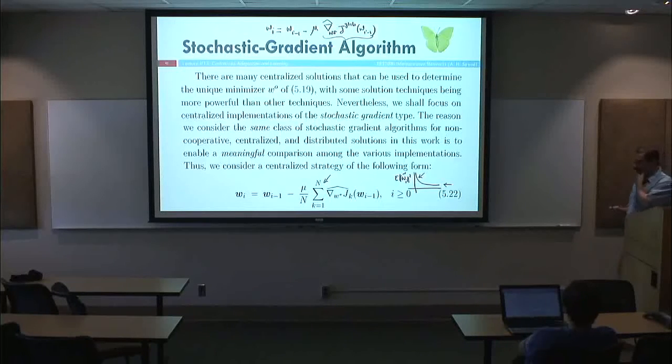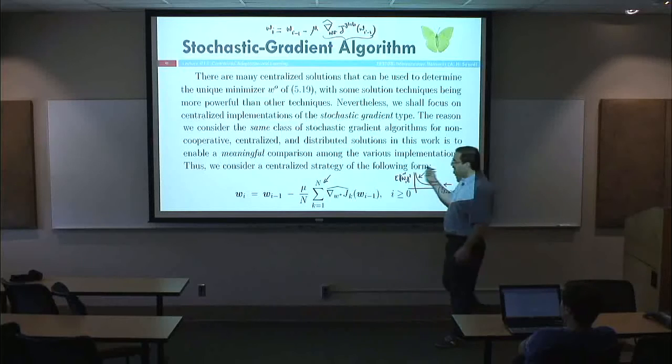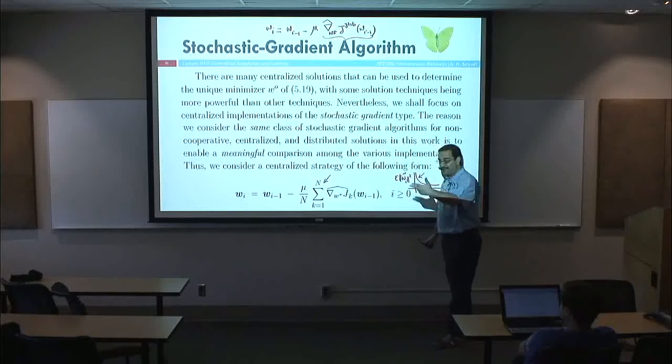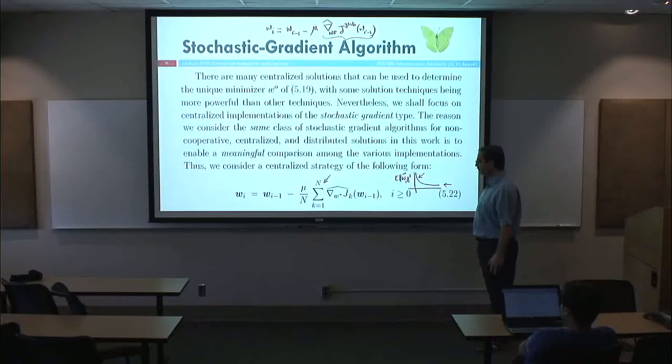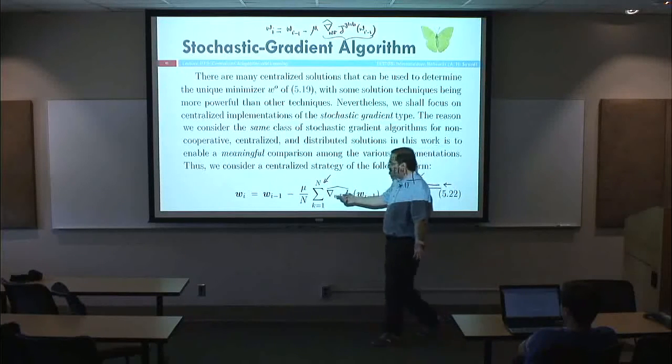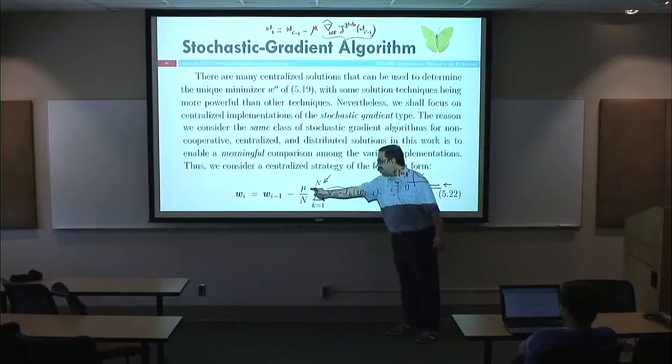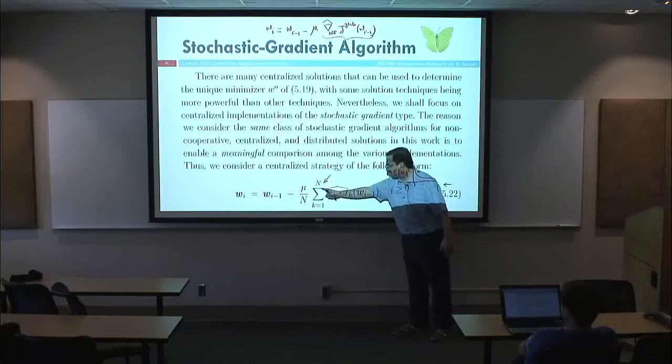You understand? So you are going to see that because of this, the convergence rate of this algorithm will match the convergence rate of the non-cooperative solution. The non-cooperative solution will be w_{k,i} = w_{k,i-1} - mu times the gradient of J_k at w_{k,i-1}, and you will not have a sum.